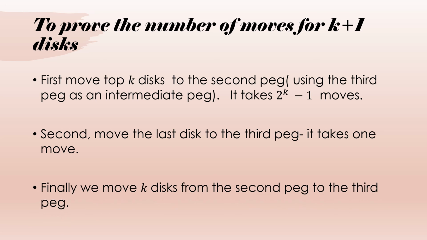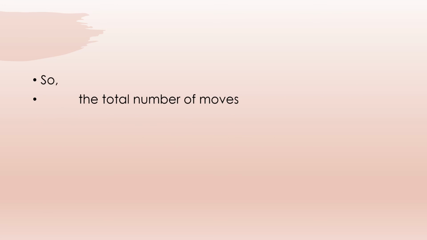So finally, when we are moving these k discs from the second peg to the third peg, we will get the total number of moves as 2 raised to k minus 1, which we used for the top k discs, plus 1, which is the last disc we moved to the third peg, and then again 2 raised to k minus 1 moves for the top k discs to be moved to the third peg.